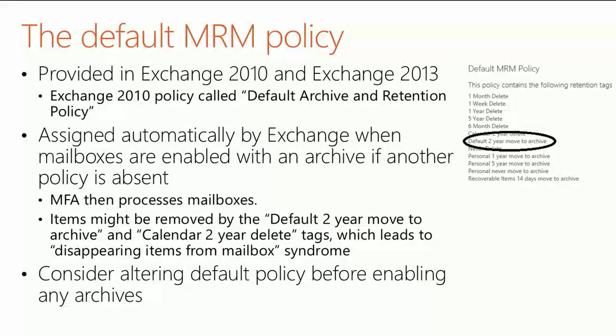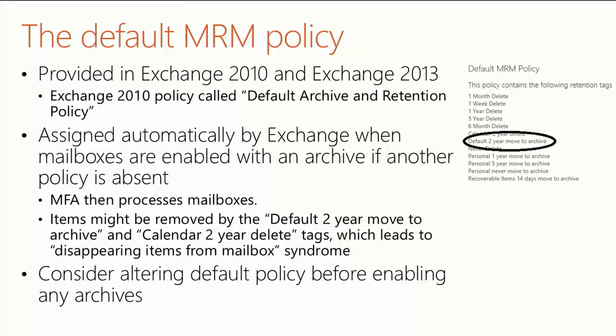Now, let's talk about this. This is important. If you enable an archive mailbox, Exchange assumes that you want to use the mailbox. And it will therefore go and stamp that mailbox with a default policy that's provided in the product. The effect of this policy being stamped on a mailbox means, of course, that MFA is going to start to process stuff.